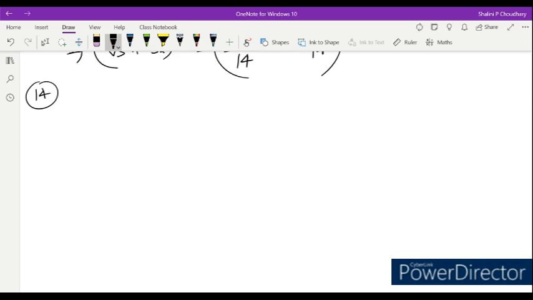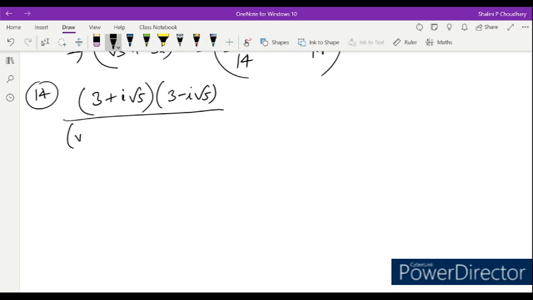You have to express the following expressions in the form of a plus ib. We have to convert. Okay, so this is 3 plus i square root of 5 multiplied by 3 minus i square root of 5 divided by square root of 3 plus square root of 2i minus square root of 3 minus i root 2.